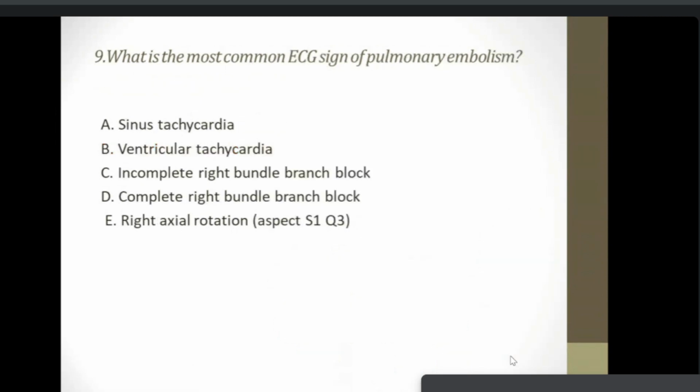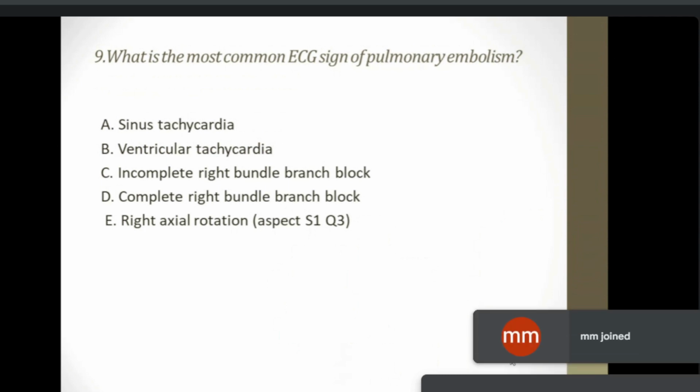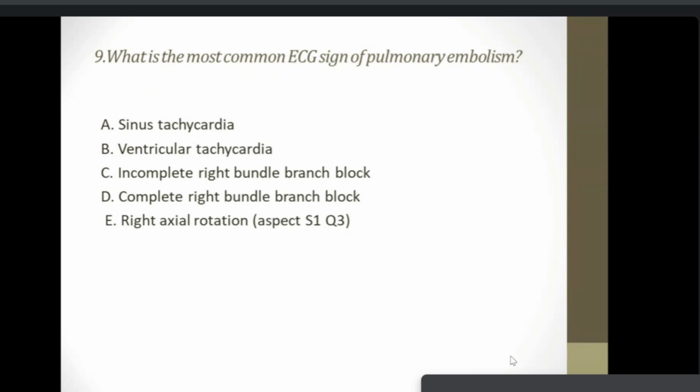Other question, what is the most common electrocardiogram sign of pulmonary embolism? Sinus tachycardia, ventricular tachycardia, incomplete right bundle branch block, complete right bundle branch block, which in French is bloc de branche incomplet, and for D, bloc de branche complet. For E, right axis rotation, aspect S1Q3.